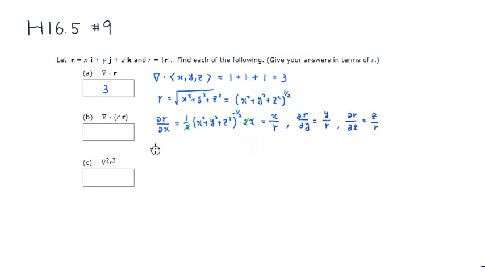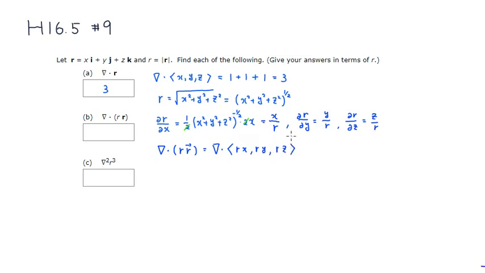Now let's compute the divergence of r times vector R, which is simply the divergence of the vector r times x, comma, r times y, comma, r times z.